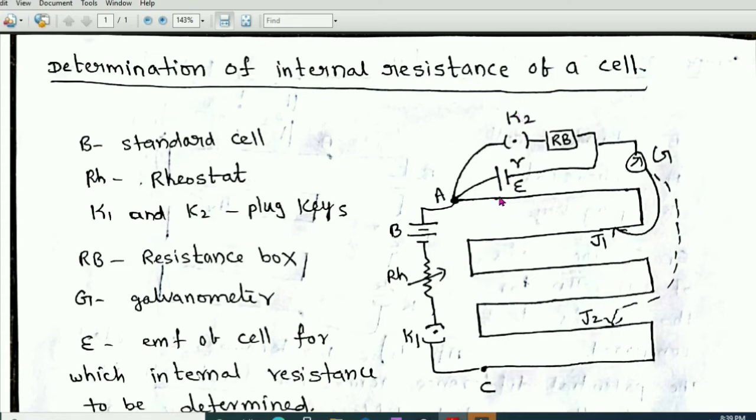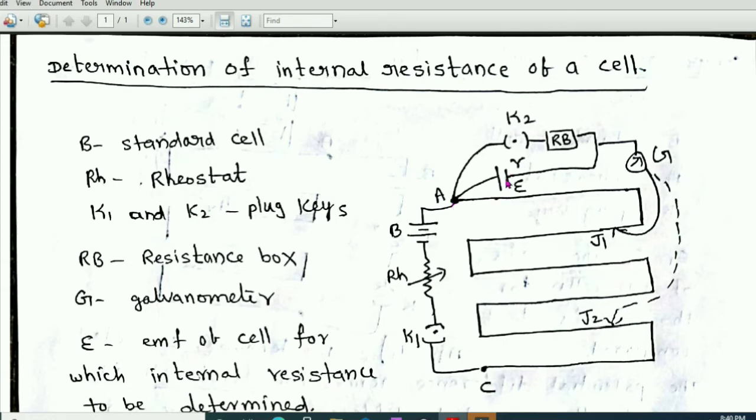Now let us consider a cell of EMF E and internal resistance r. We need to find the internal resistance of this cell, small r. The positive terminal of the cell is connected to the terminal A, where the positive terminal of the standard cell is also connected.